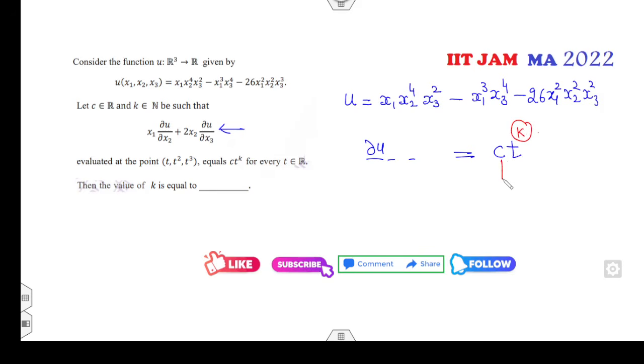There is no need of the c, because our target is to find the value of k only. Very simple. What is the degree of the first term? 7. Degree of the second term? 7. Degree of the third term? Again 7.